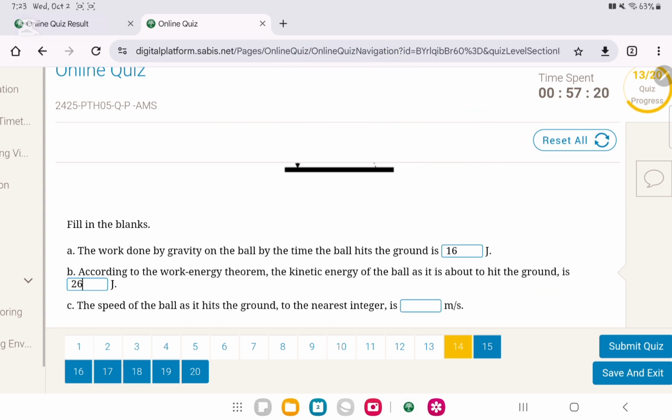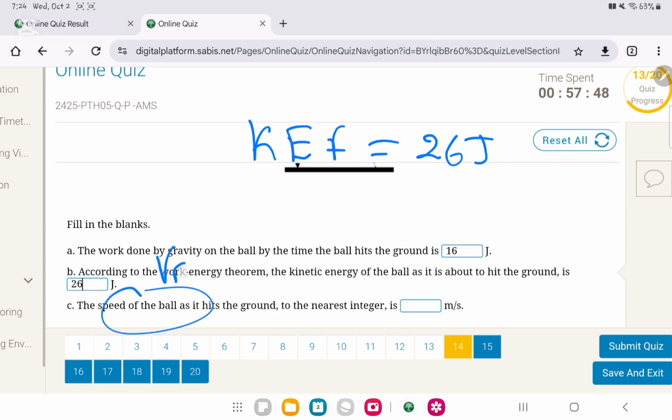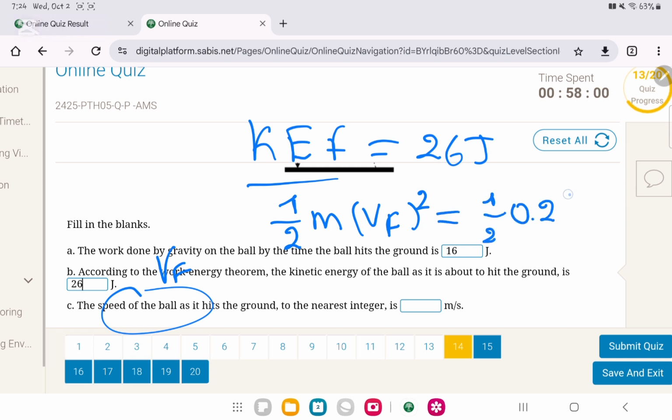Now the speed of the ball as it hits the ground to the nearest integer is, okay, we found now the kinetic energy final. Now we need to find the final velocity. What's the rule of kinetic energy final? 1 over 2 m v final squared. We have the mass, which was 0.2, times the v final squared.